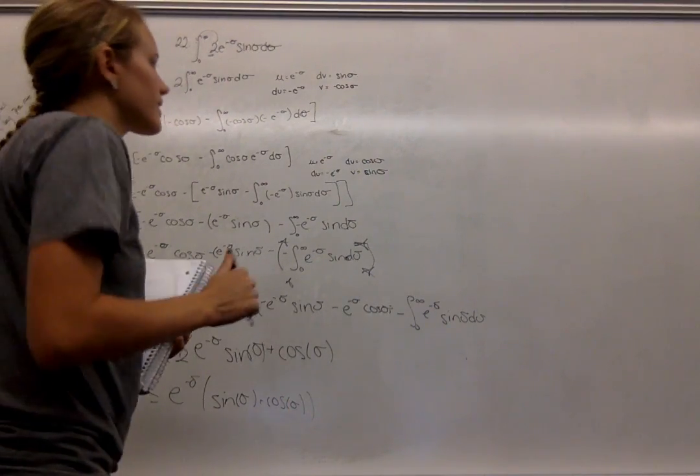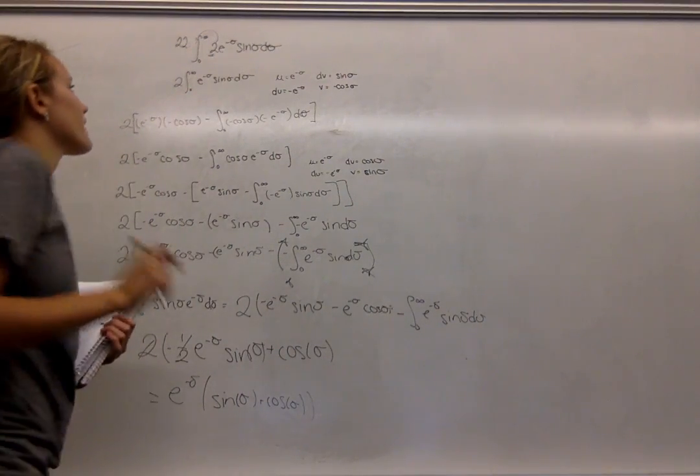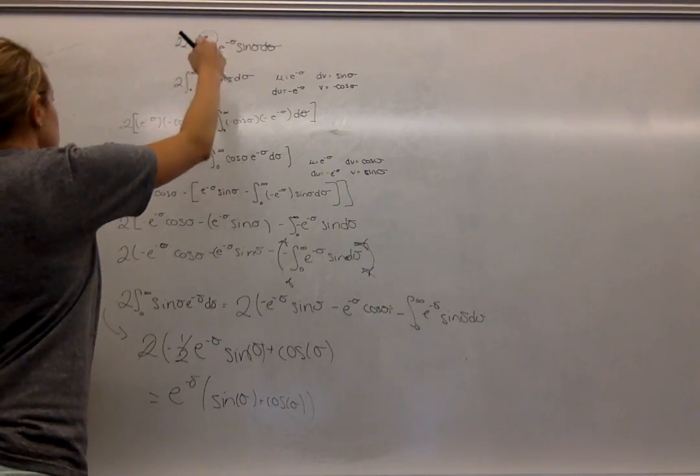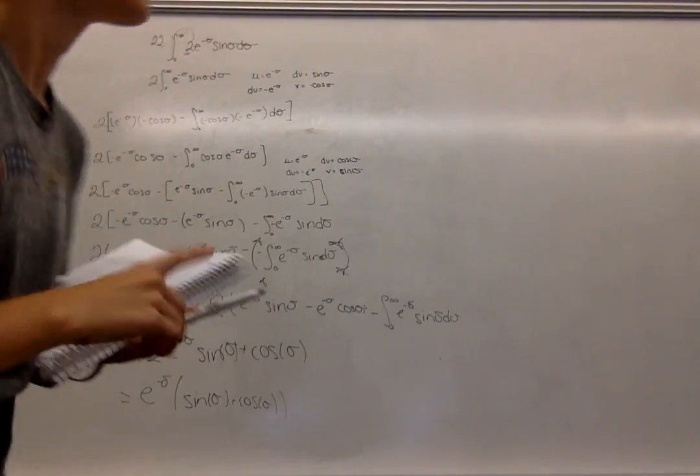Alright, so now that we have that step, we have to evaluate at 0 and infinity. So I'm going to move the camera over a little bit. We're ready to do that.